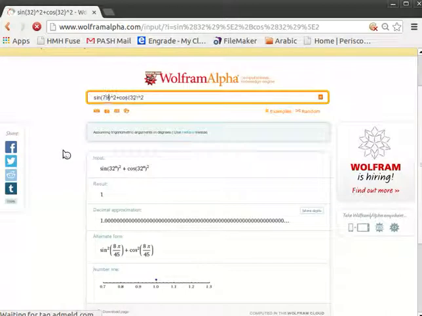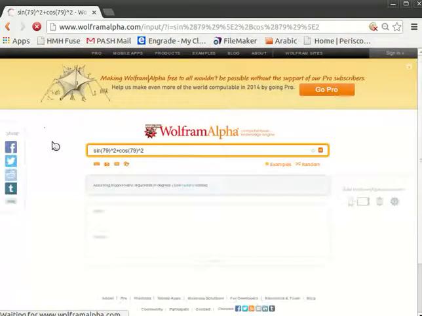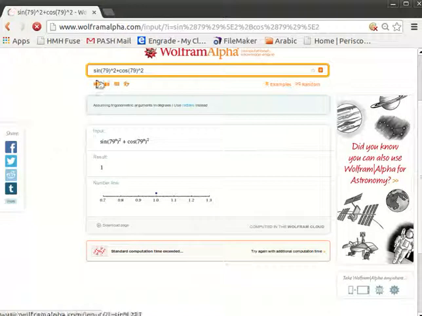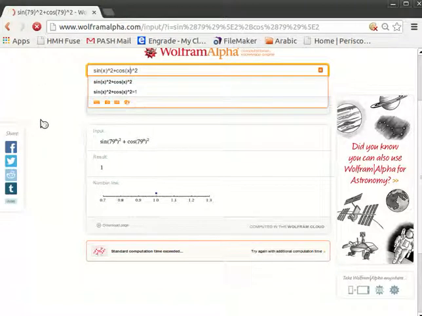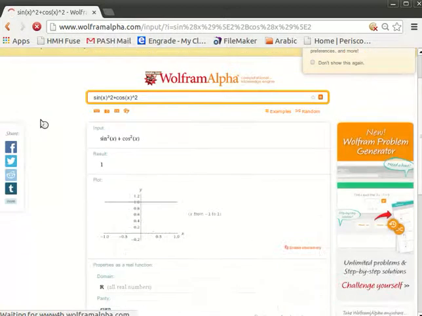If we don't believe this after just one test case, put in a different angle measurement, remembering always making them the same. Sine of 79 squared plus cosine 79 squared is in fact 1. Okay. And because Wolfram Alpha is a website of math magic, we could do it just with x, in case you don't believe me still, and we find out that no matter what value we put in for sine squared and cosine squared, we do in fact always get, as a result, 1.